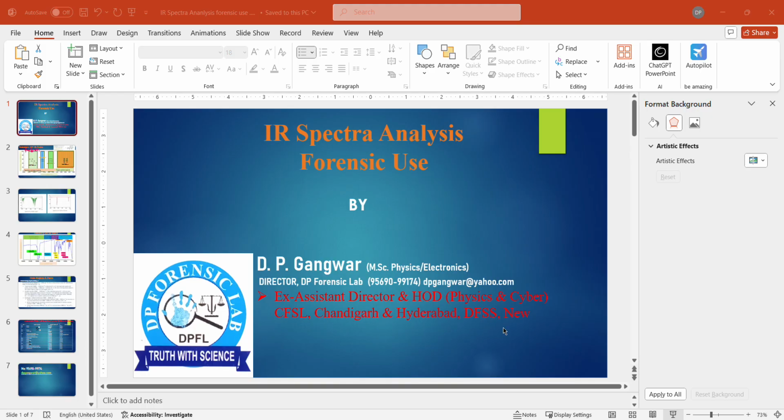this is the functional group region, 4000 to 1500 centimeter inverse. This can be further divided into regions. The fingerprint region is one, and the functional group region is divided into three regions.